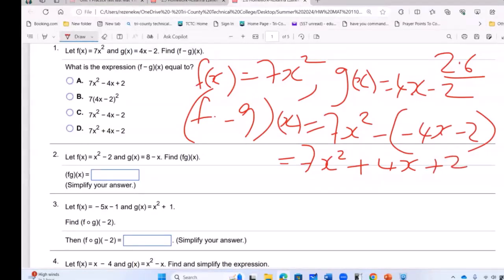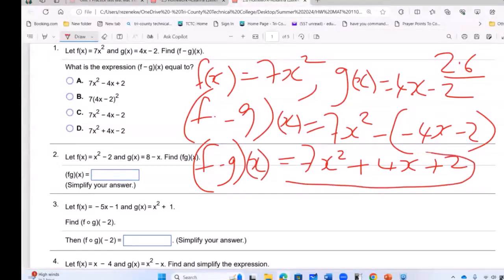So I just ended with a quadratic function in standard form. Therefore, f minus g of x is a quadratic equation in standard form. There is no other manipulation here. You leave it. This is your answer.